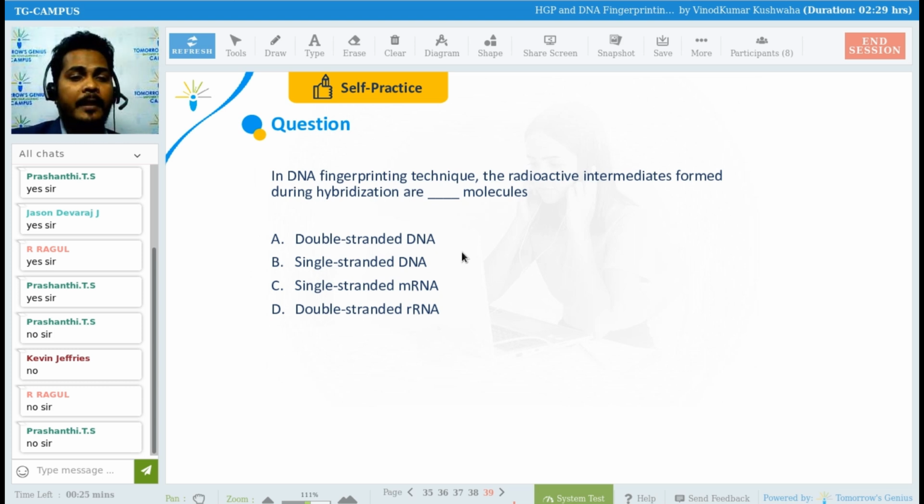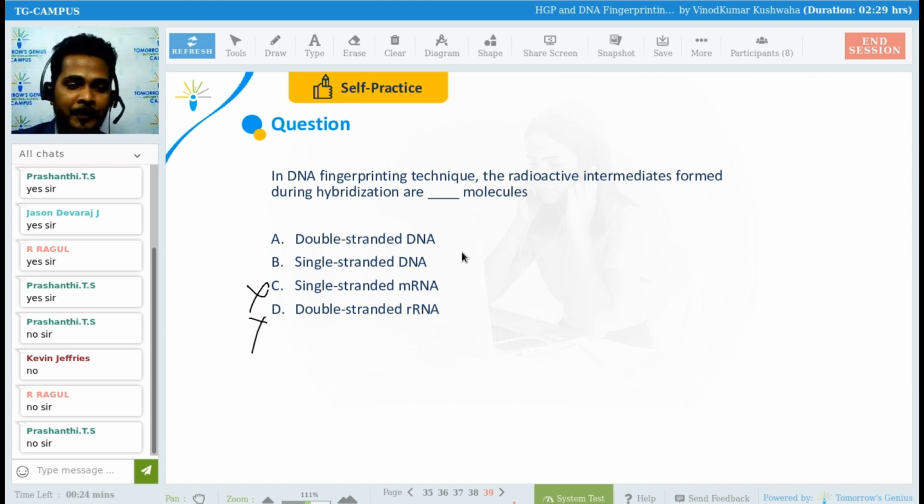Now next, in the DNA fingerprinting technique, the radioactive intermediate formed during hybridization is which kind of molecule? Is it double stranded or single stranded? This is also a simple question. And you know that it is not RNA, it is only DNA. So these two can easily be eliminated.